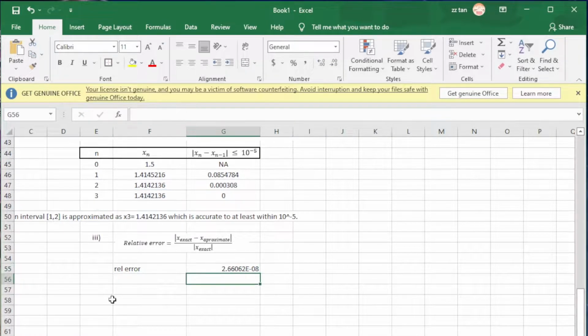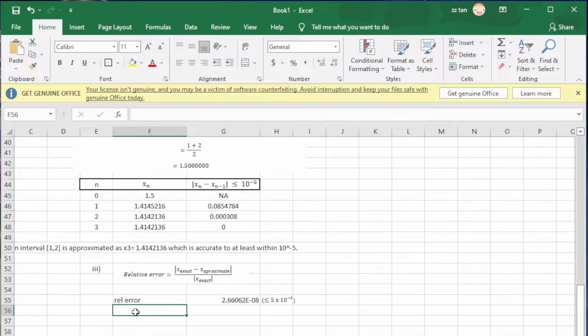Okay, so we get 2.66 times 10 to the negative 8. So in order to find the significant digit, we need to find our p-value. Since 2.66 is less than 5, our t is taken as 8.